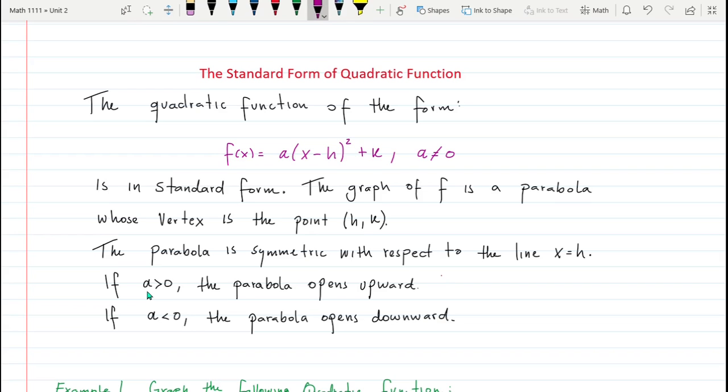So this would be the case if a is positive, and this would be the case if a is negative. And again, the graph is symmetric, meaning the left leg is going to be equal to the right leg, and the axis goes through that point that we call h.